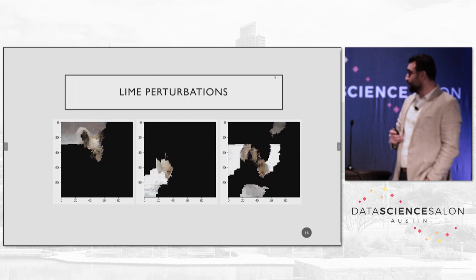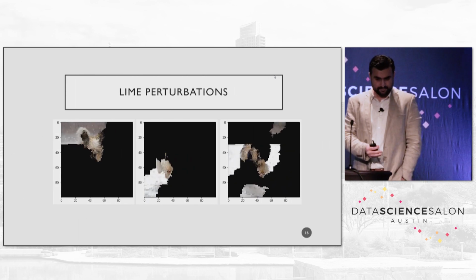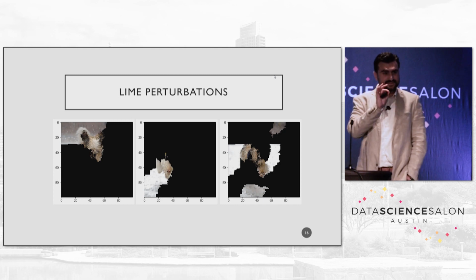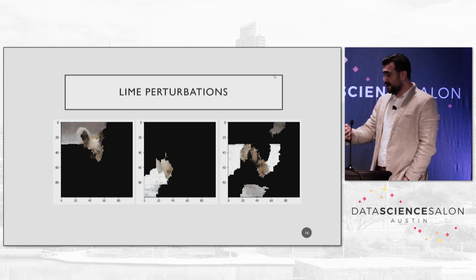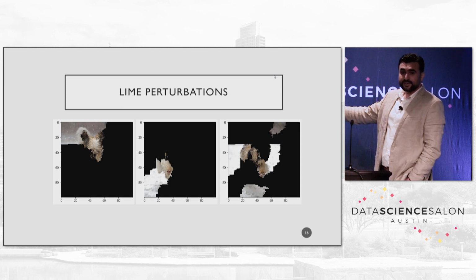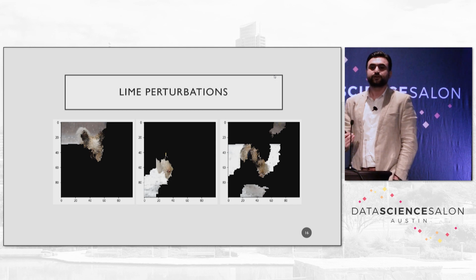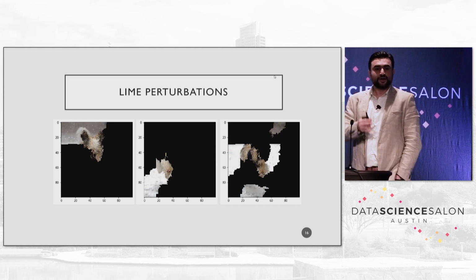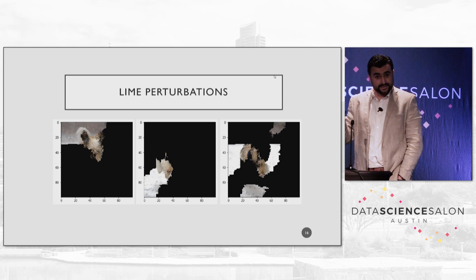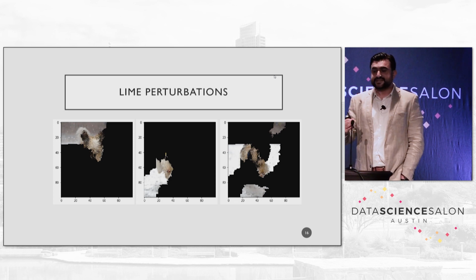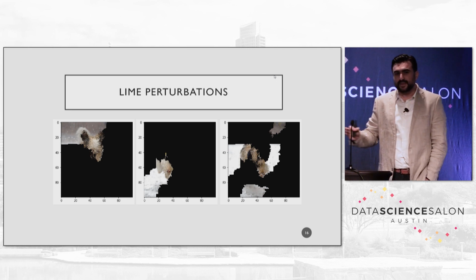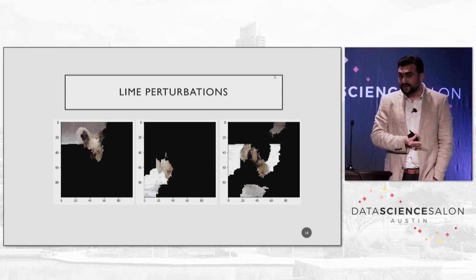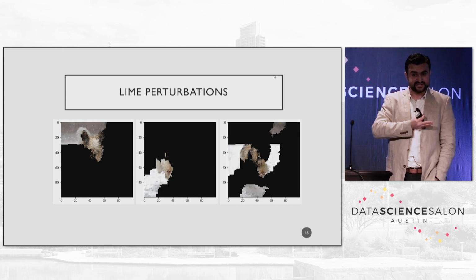So how LIME works is it basically takes the sample that you want to explain. So you're basically asking the question, hey, you just told me that this image is a wolf. How did you come to that conclusion? And LIME says, okay, give me that sample, perturb it, and give me as much variation of that image as possible so that I can score each and every one of them and fit a linear model closer to the decision boundary.